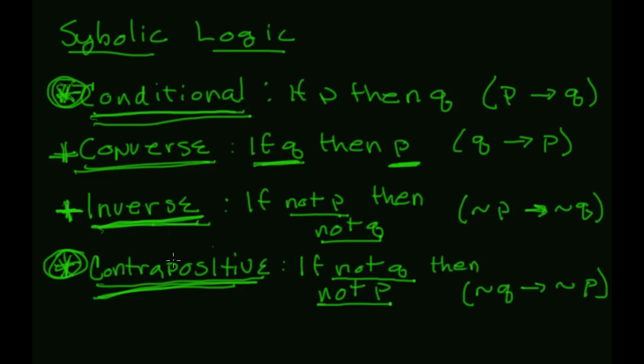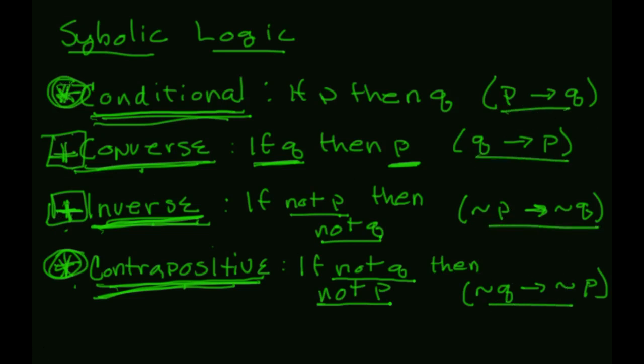So the inverse is actually the contrapositive of the converse, which means that these two have to have the same truth value. So if the converse is true, the inverse must be true. If the conditional is true, the contrapositive must be true. So you have things that come together in the same logic. And this is the symbolic representation of that.